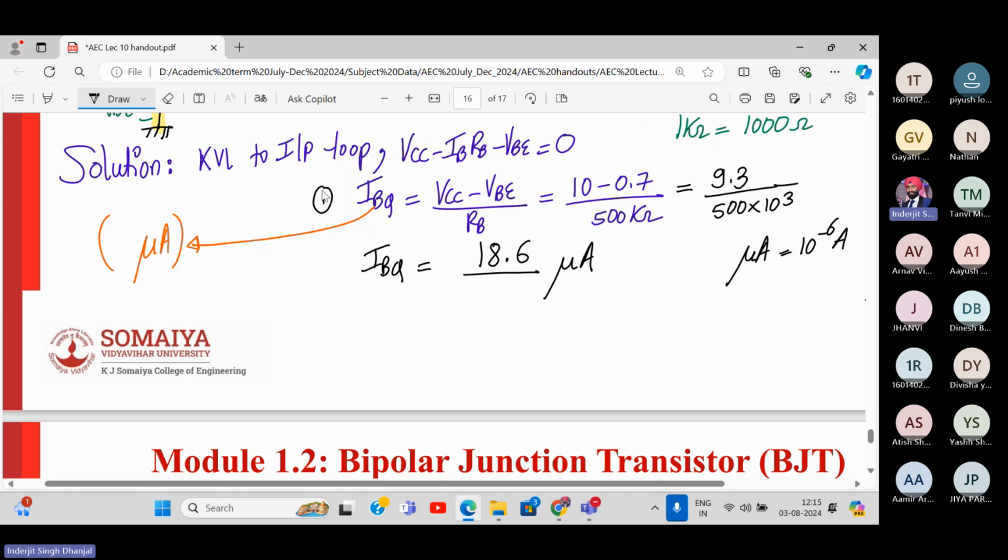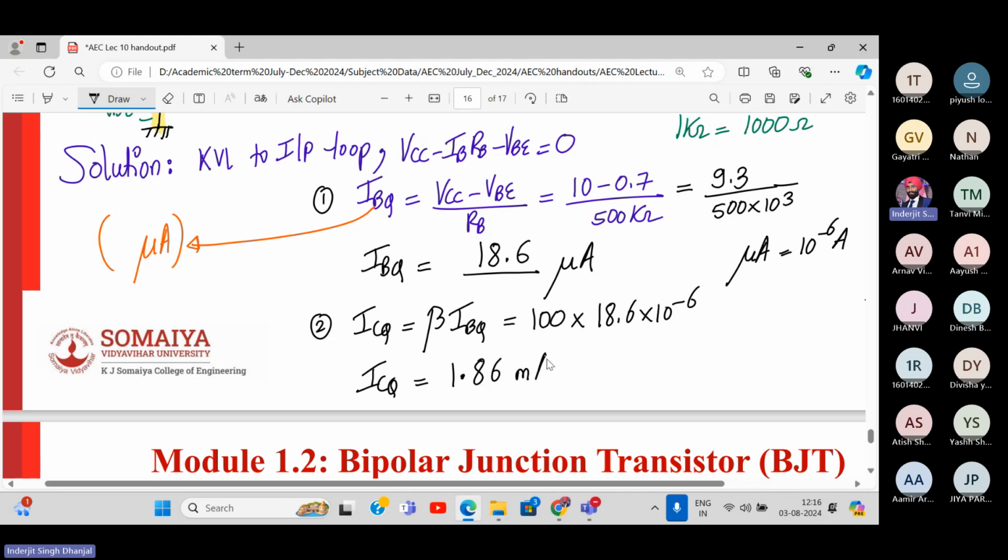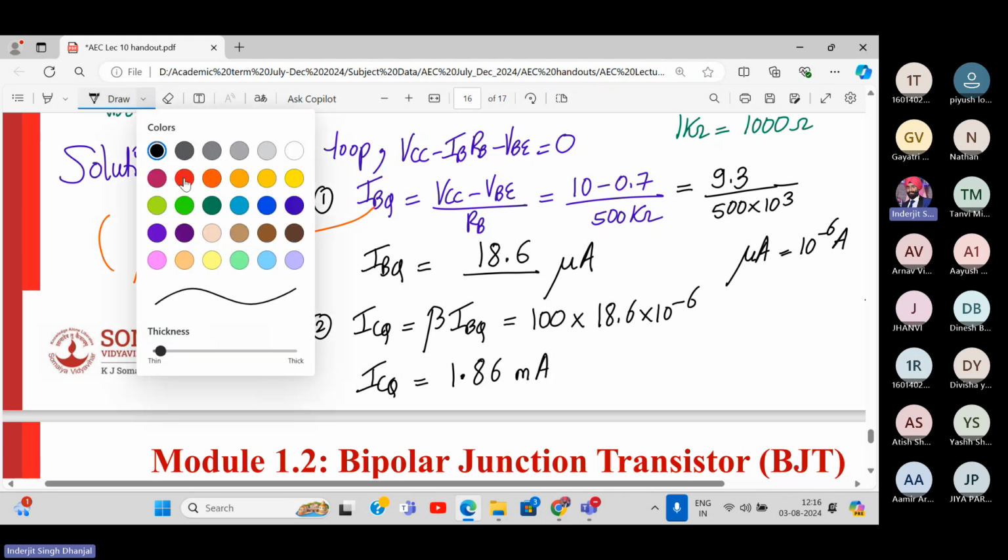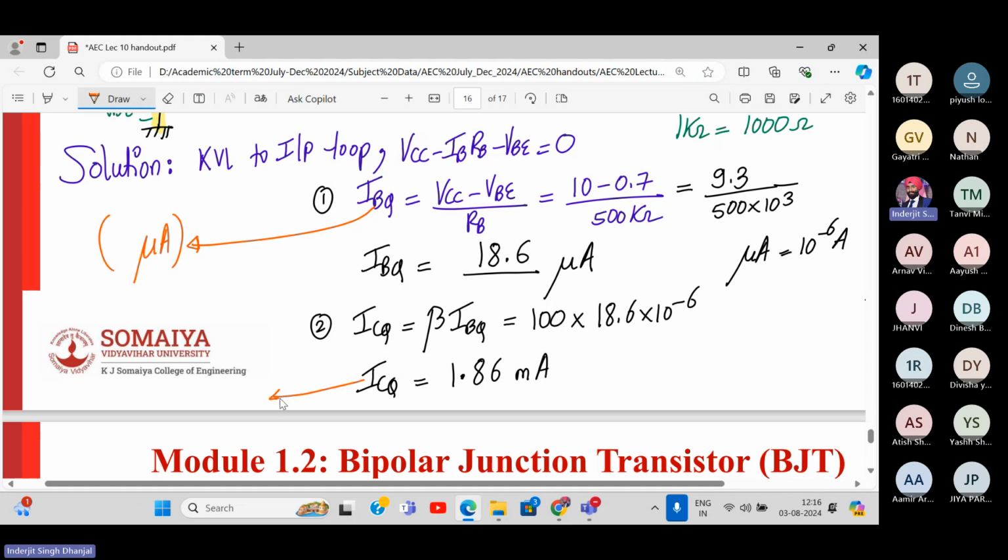So this is the first step. Second is calculate ICQ. ICQ will be beta times IBQ, which will be 100 into 18.6 into 10 raised to minus 6. So tell me ICQ now. This will be 1.86 milliampere. Remember, ICQ will always come in milliamperes.